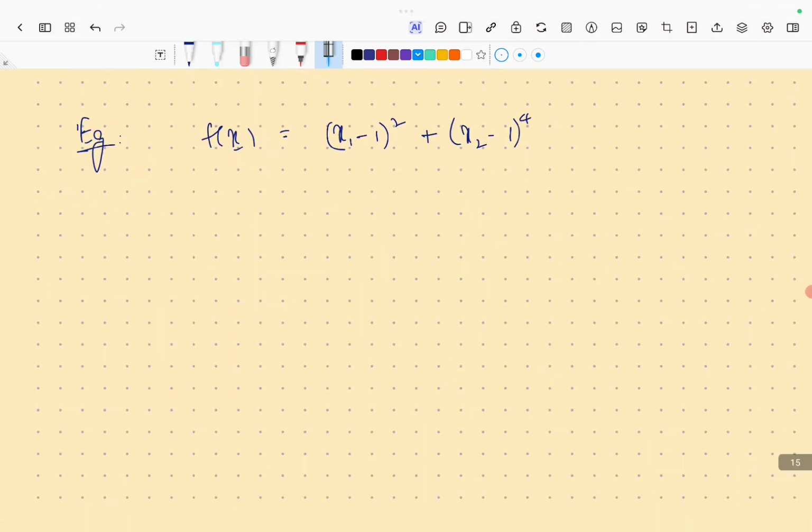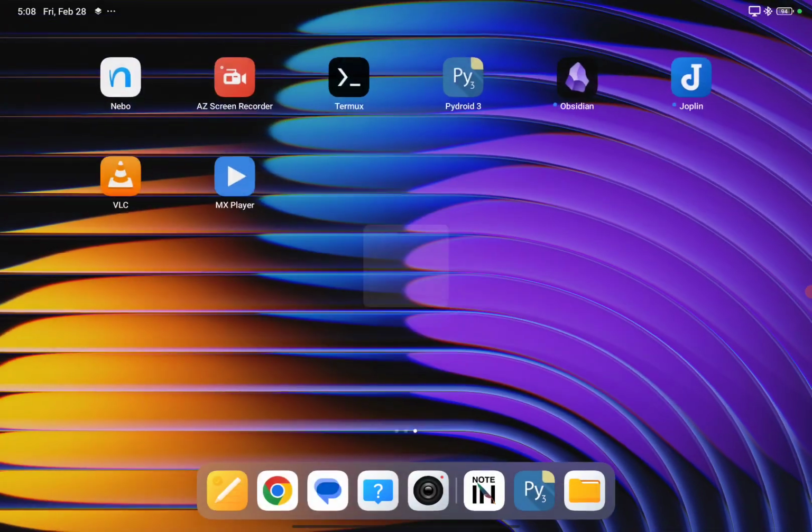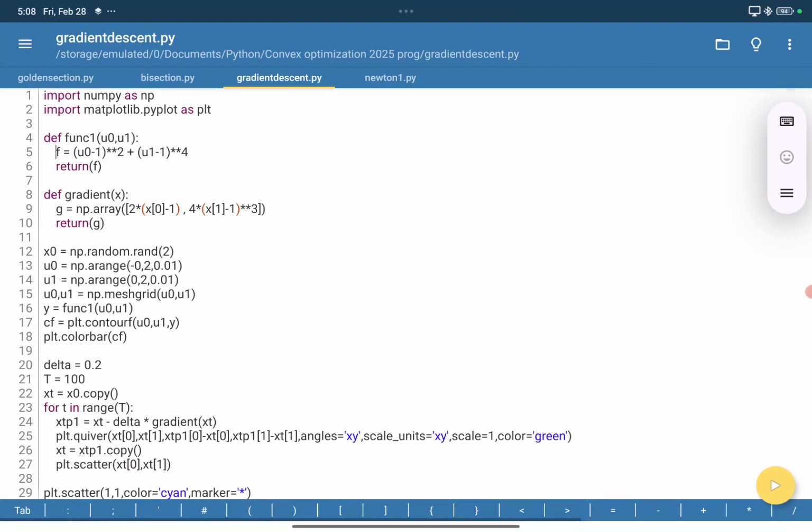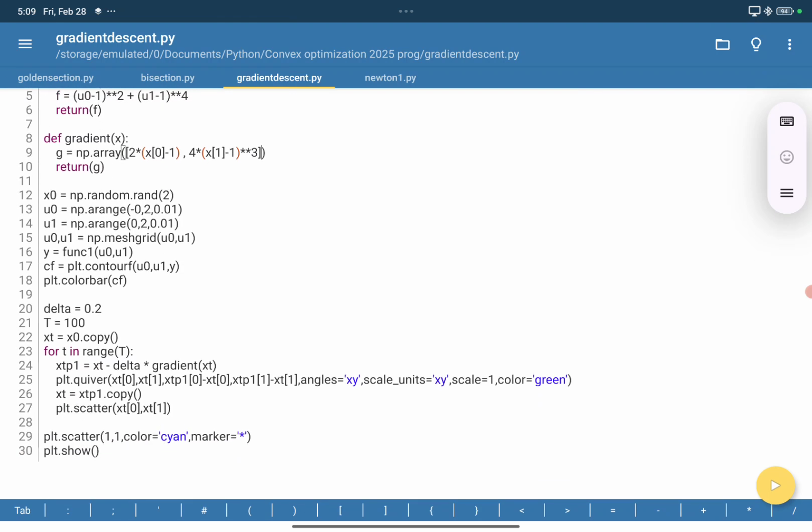Okay, you can compute the gradient and the Hessian in this particular case. The gradient is just this: 2 times (x1 minus 1) and 4 times (x2 minus 1) cubed. So let's suppose that I run the gradient descent algorithm for a certain number of steps, let's say 7 steps, starting from a random initial point.